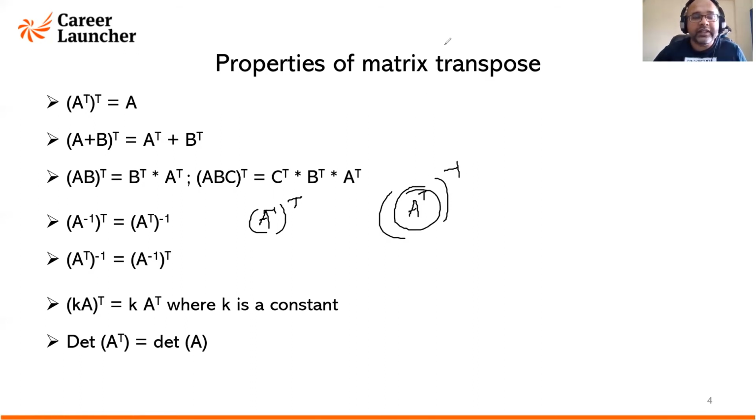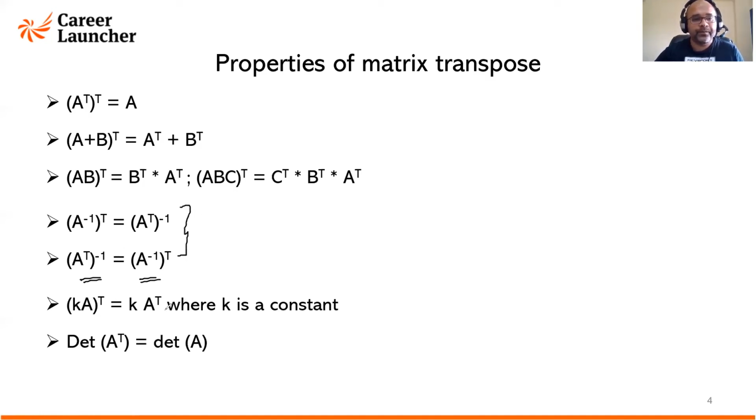So whether you take inverse and transpose or transpose and inverse, the order does not matter in this case. You take transpose first and inverse, or inverse first and transpose. Effectively, these two are the same.